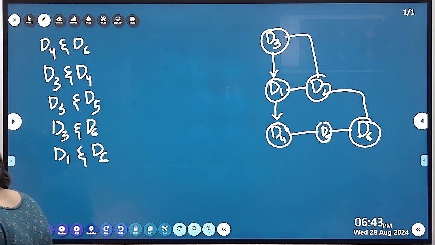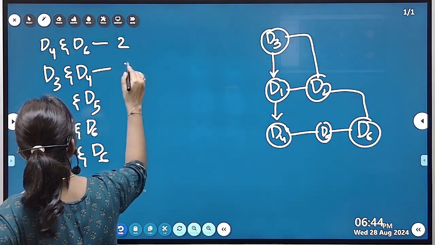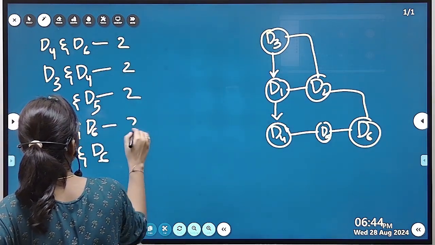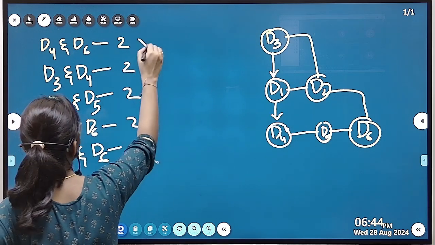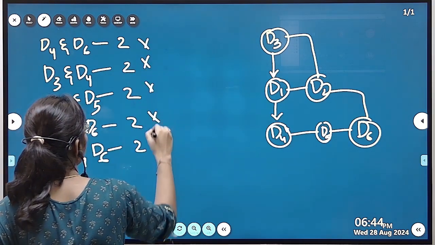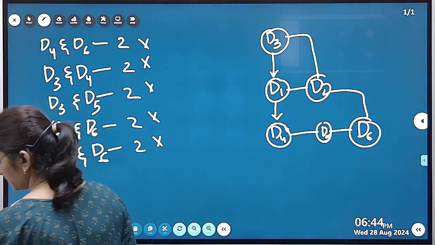So this one is completed. D4 to D6. Yes. D3 to D4. Yes. D4 to D6. D1 to. So everything is finished. So tell me the distance. 2. Everything will be 2 because we take it from the intersection point. Into distance value. Tell me the value from the distance table.